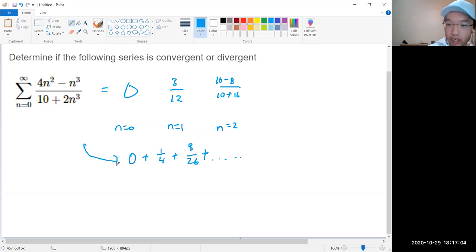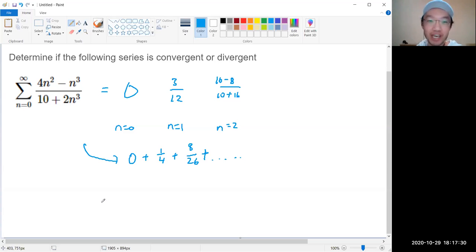It's going to be negative for larger numbers. Yeah, I think if you go further into the series, you might get some negative numbers. So I don't think it's obvious, right? I don't think we can really come up with an answer just by looking at it like this. So there's something we can do here, which is to use the divergence test.